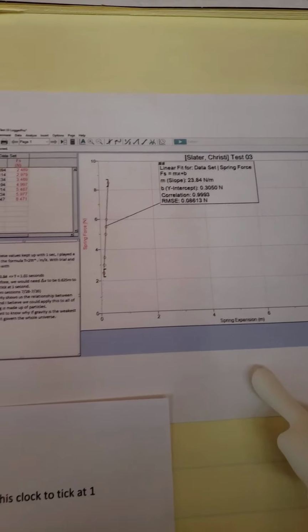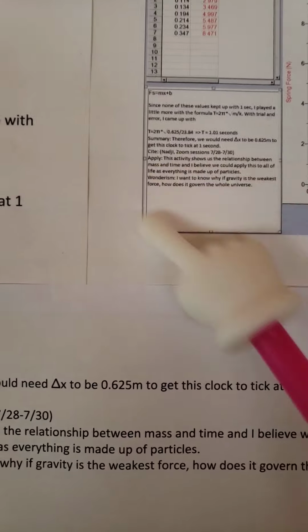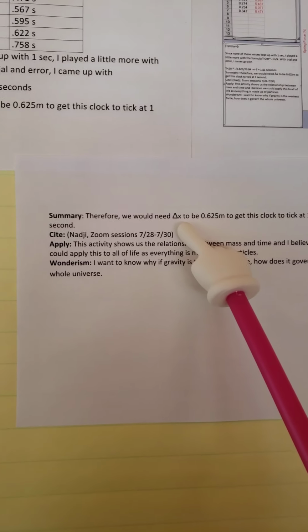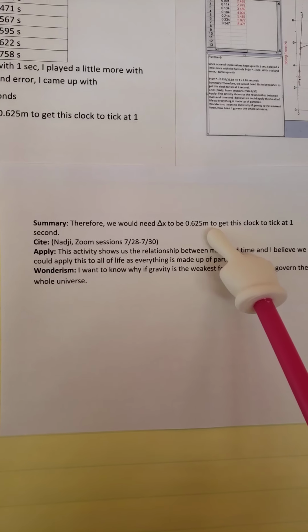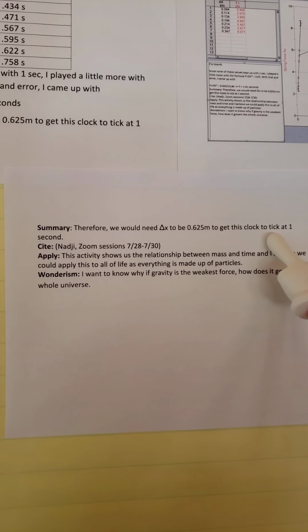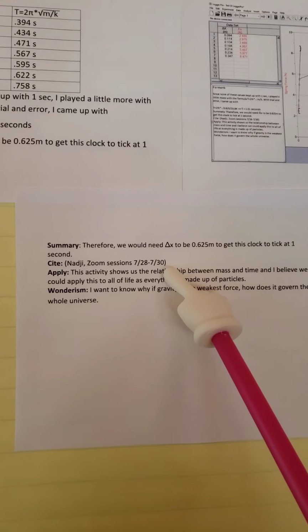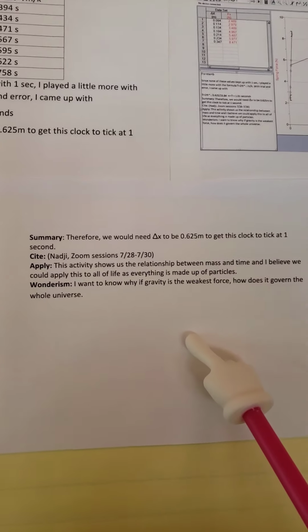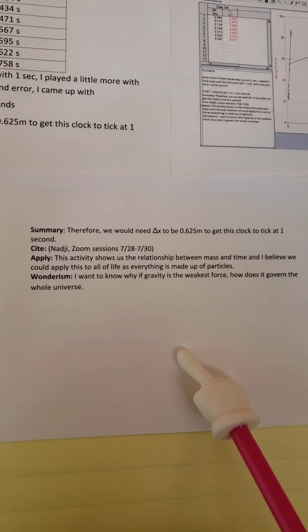My summary is that we would need the delta x to be 0.625 meters to get the clock to tick at 1 second. I cited you in the Zoom sessions for all of this because you helped us all out with that.